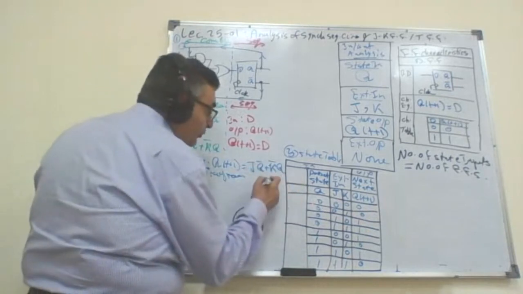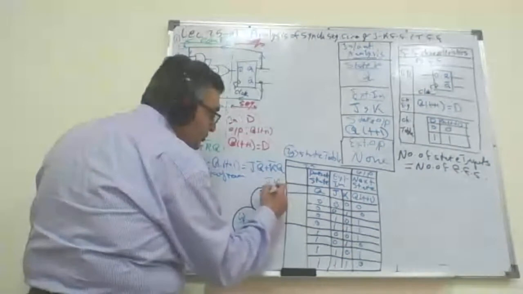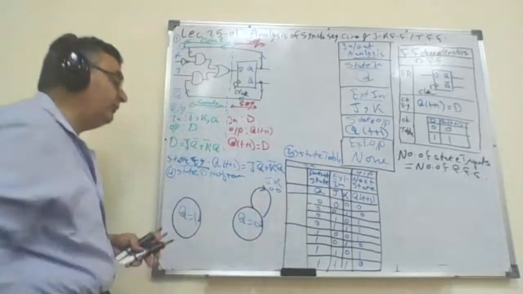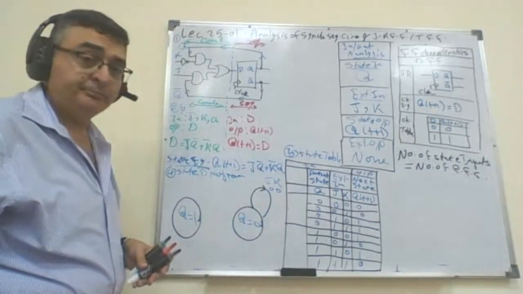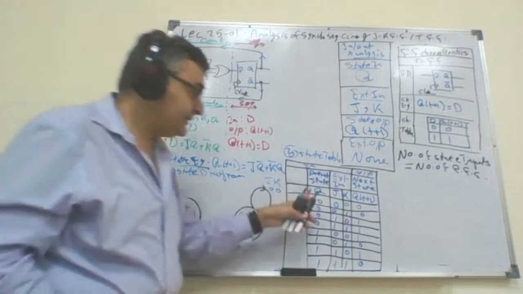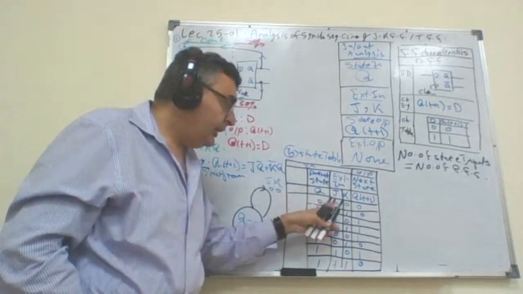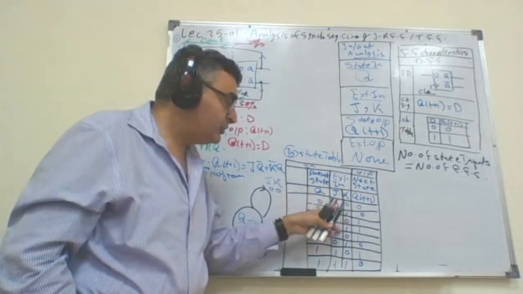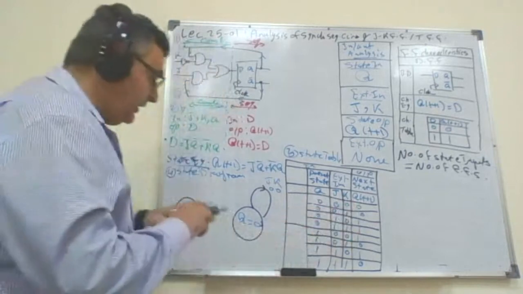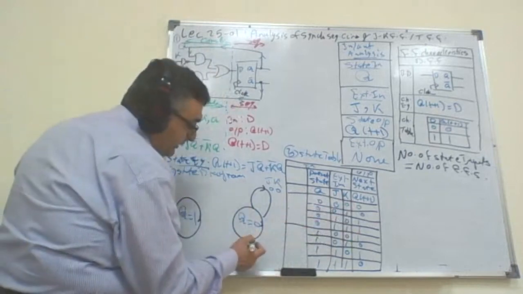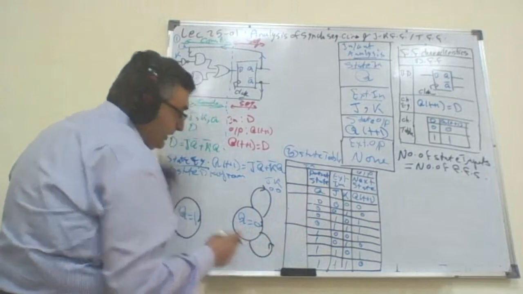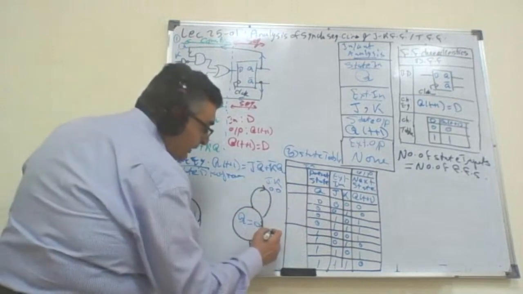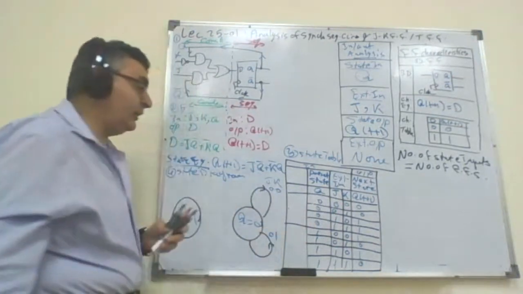This arrow is for J, K equals 0, 0. Agree? Make sense? Next, I am in Q equals 0 and JK equals 0, 1. Still, I have to stay in my state. So the second arrow here is JK 0, 1.